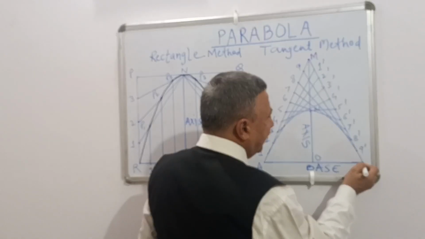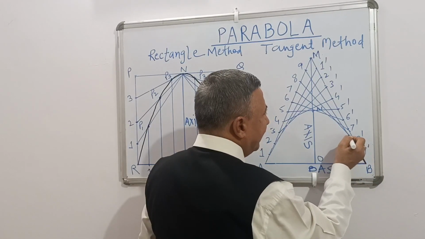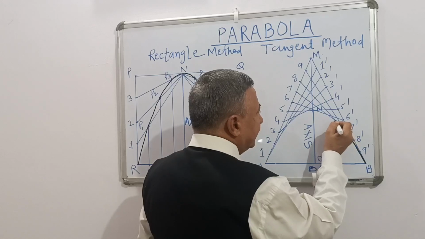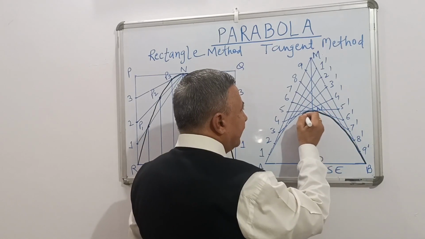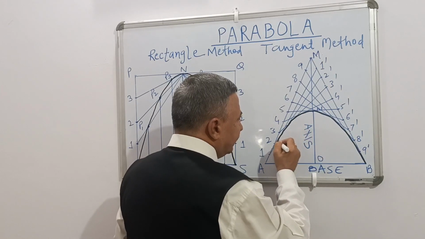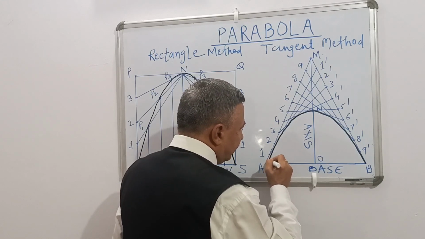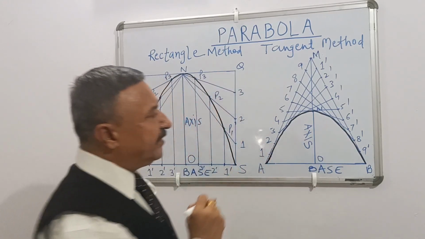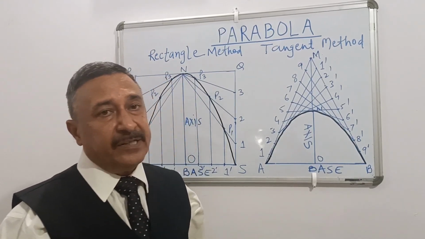Just draw a curve like this, so that it touches every line. This is our required parabola by the tangent method.